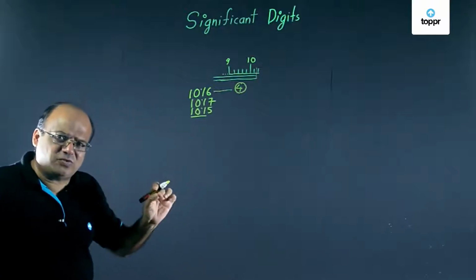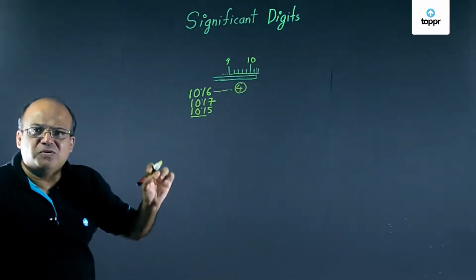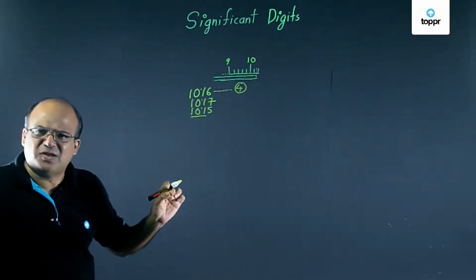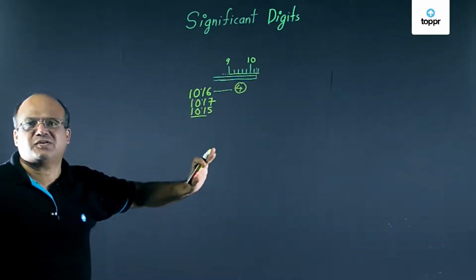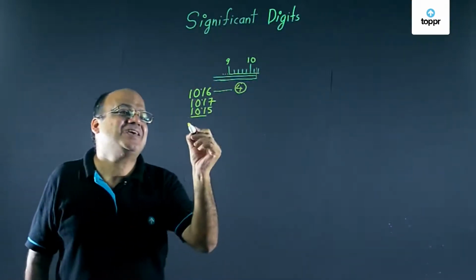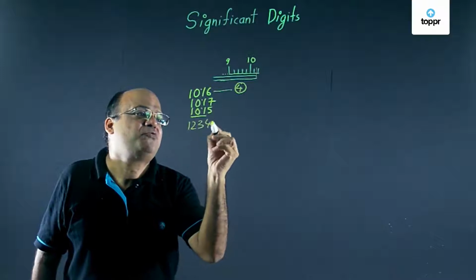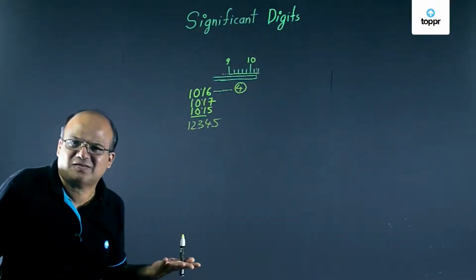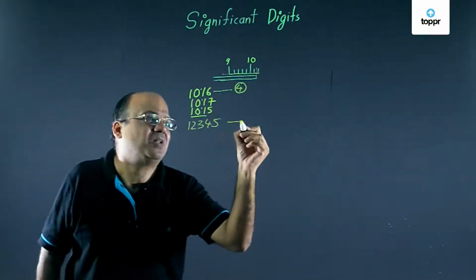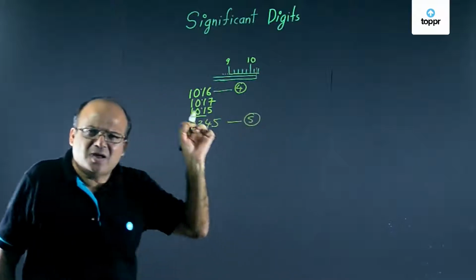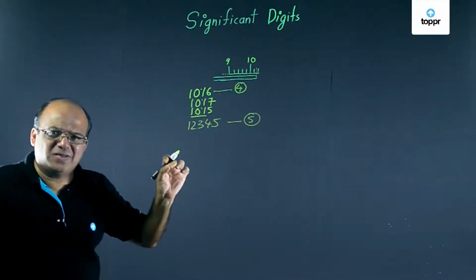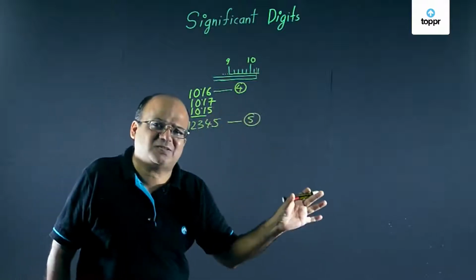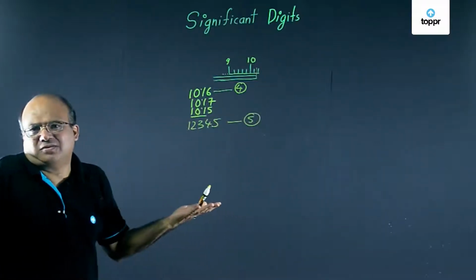Now there are certain rules we follow for significant digits. First rule, all non-zero digits are significant, right? If a reading is 1, 2, 3, 4, 5, how many significant digits? 5. Simple. Second rule, all zeros between non-zero digits are significant.